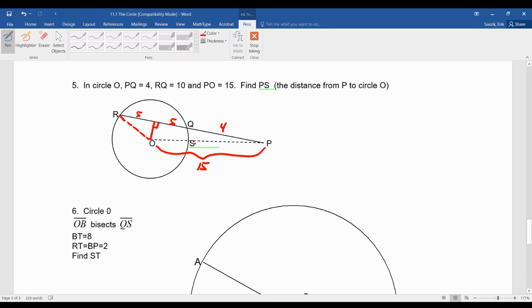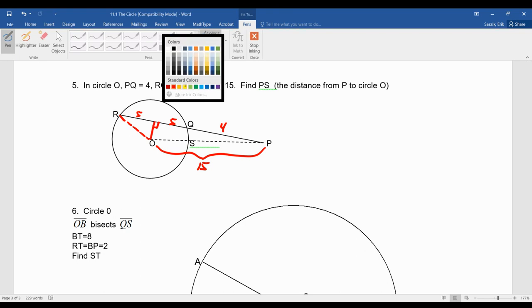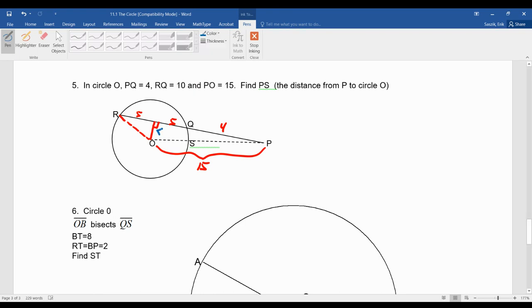So we got this skinny right triangle. This is 9, this is 15. That's a triple. So that means, even though it doesn't look like it, this piece in here is going to be 12. You got a 9, 12, 15 triangle, 3, 4, 5 times 3. Now look over here.